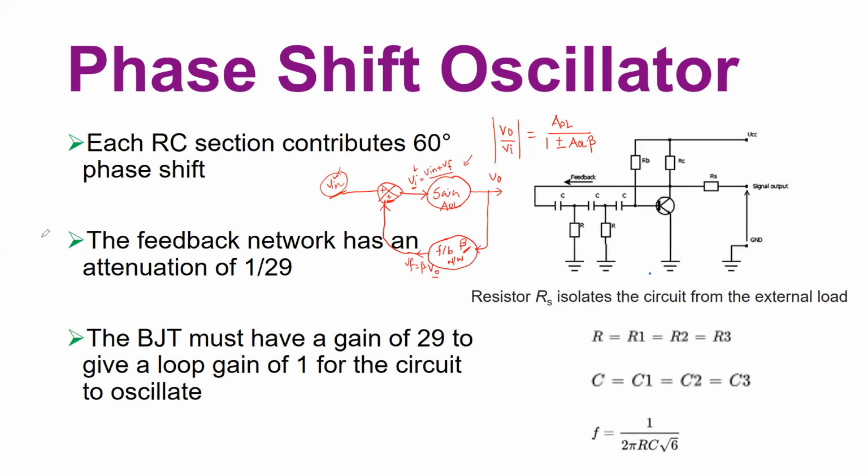Okay. So from this equation, we want to understand its meaning. If your feedback is negative, this equation is AOL divided by 1 plus AOL times beta. And if the feedback is positive, this equation becomes AOL divided by 1 minus AOL times beta.